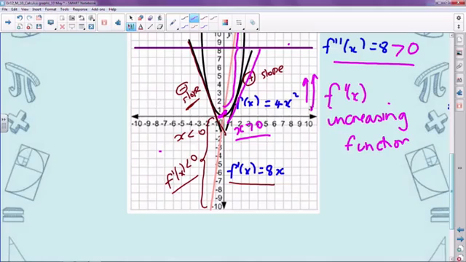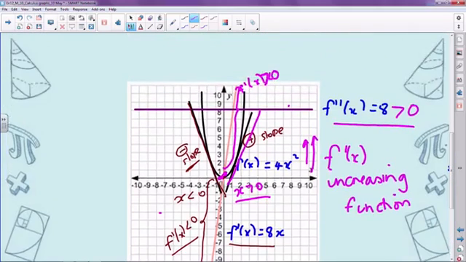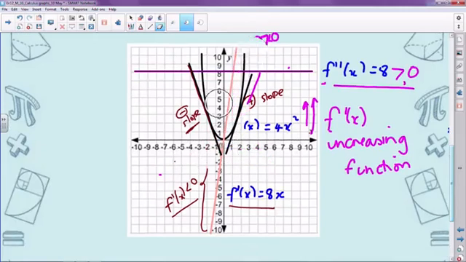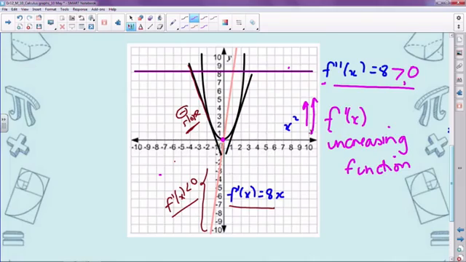And also, interestingly enough, if your second derivative is positive at the turning point of your graph, and I'm just going to erase some things so that you can see what's going on, my turning point of this graph is at the point (0, 0). My parabola turns at (0, 0).